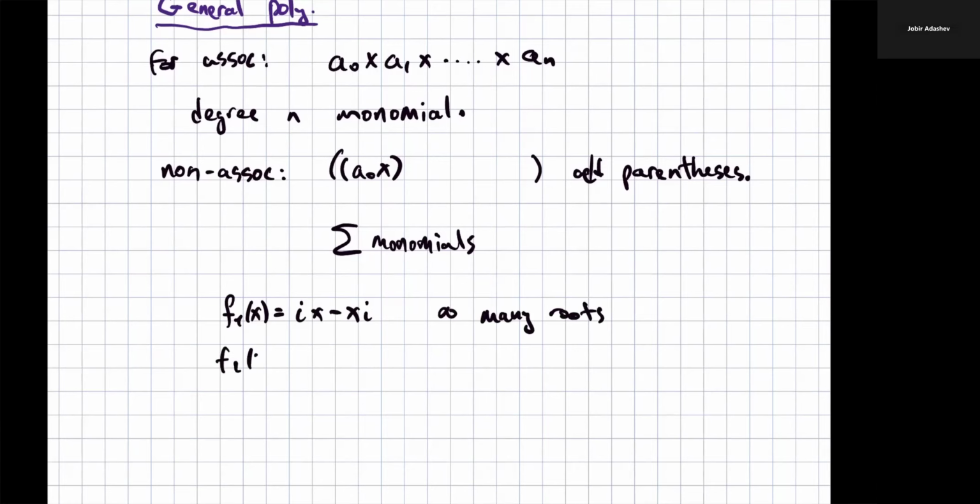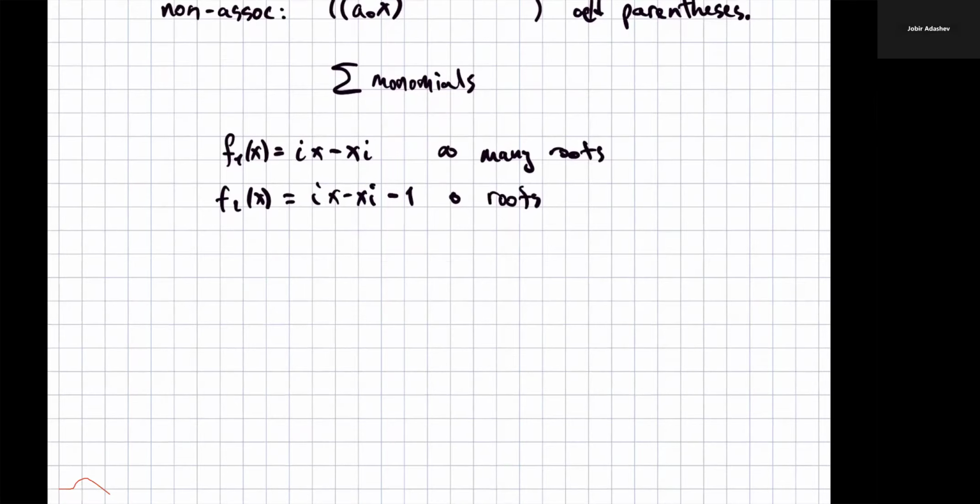And this one will have no roots for this reason, because ix minus xi will never be real. So we have no hope even for being algebraically closed, but there are some conditions under which such polynomials have roots.